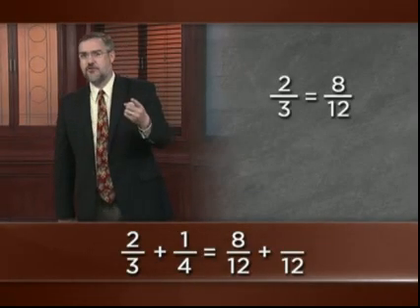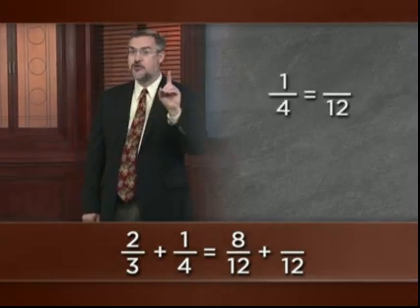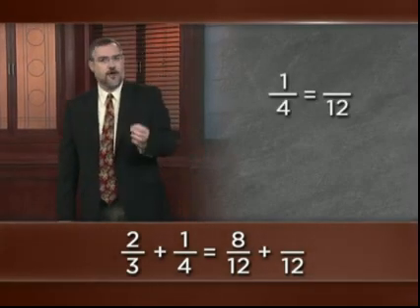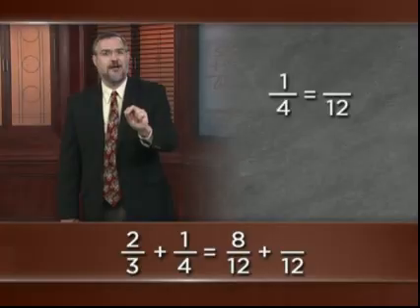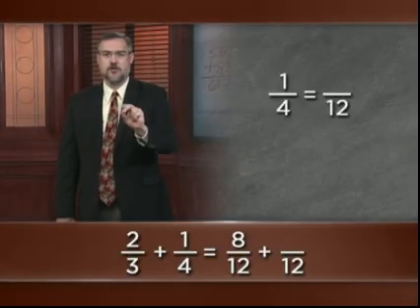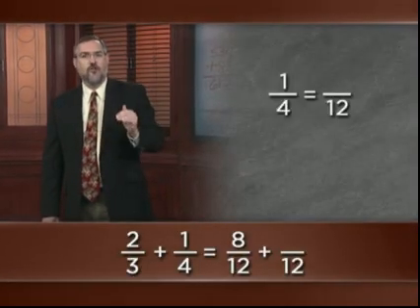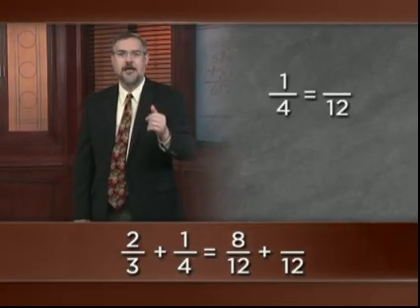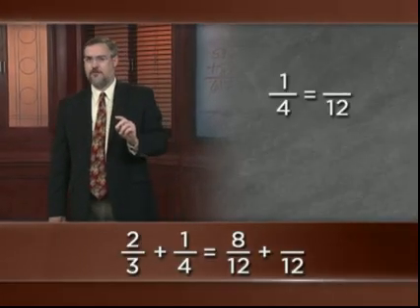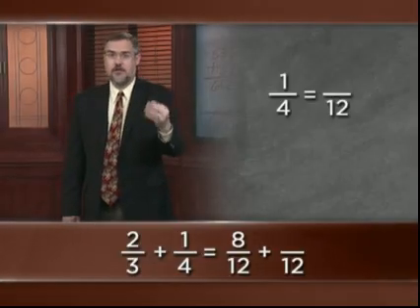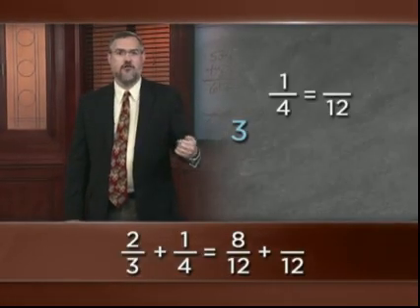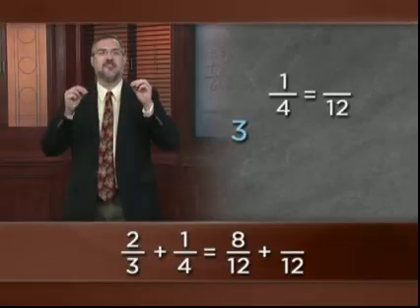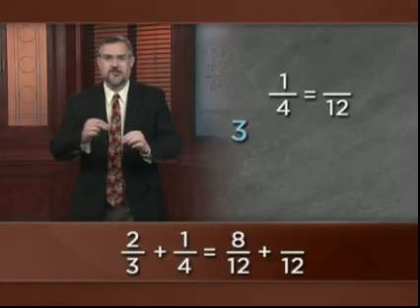Now, let's convert the other fraction that we had, which was 1/4, into a fraction that also has a denominator of 12. So here's the question to ask. What do we need to multiply the denominator of 4 by in order to get 12? The answer is 3, because 4 times 3 is 12. And notice here again, it's the denominators that are our focus.